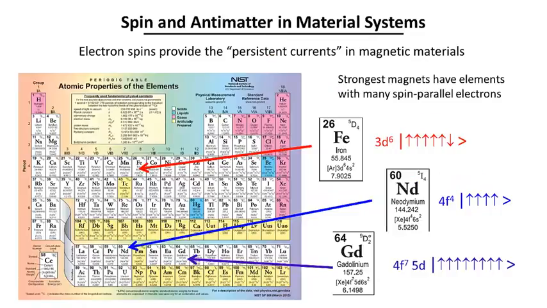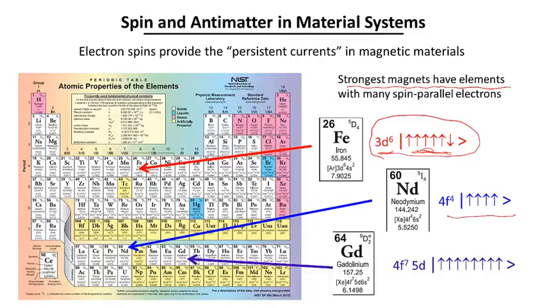Magnetism. Ferromagnetism, or the existence of permanent magnets, is typically associated with elements that have many parallel-spin electrons. Let's say iron has 6 electrons in the so-called 3d orbital, and that enables them to largely line up. In the ground state of iron, you have a net magnetic moment of 2 Bohr magnetons. So iron is, of course, a very commonly used magnetic material.